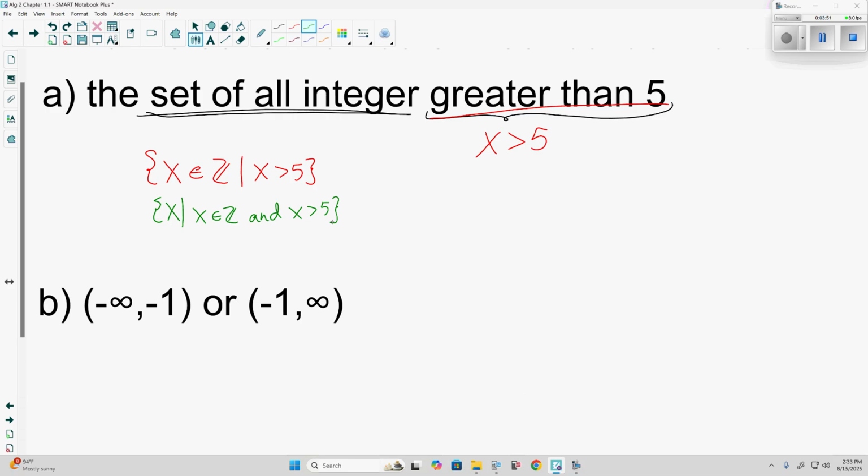Now, Big Ideas writes it a little bit differently. You don't have to write this one because I think this is a bit much. They say the set of all real numbers x such that x is an integer and... I think that's writing way too much.